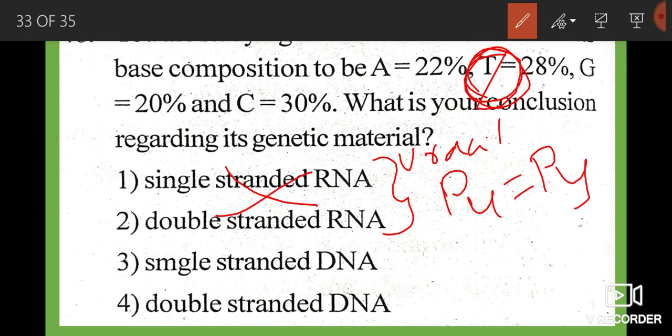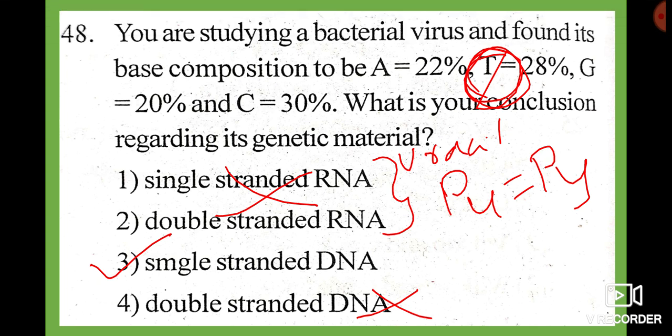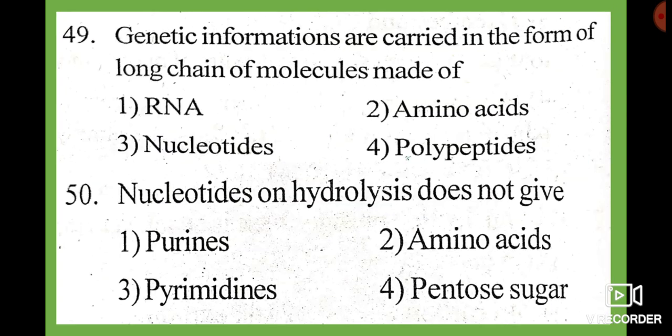G should equal C, but here G is 20% and C is 30%. So it does not belong to double-stranded DNA. The fourth option is also eliminated. The right option is 3, single-stranded DNA.